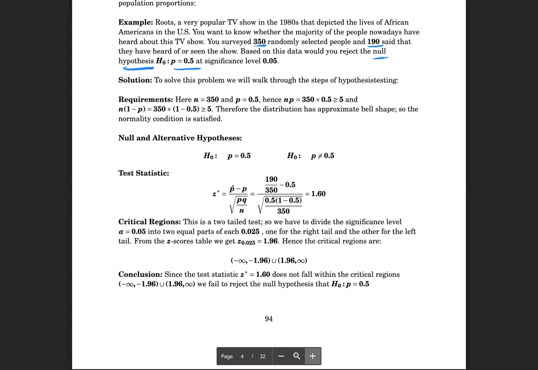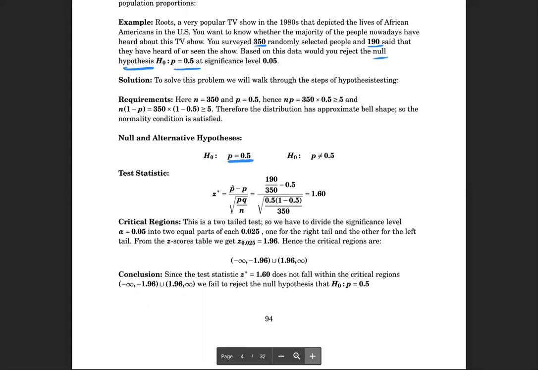But if you ask somebody, do you think the majority of people know about the TV show Roots or the book Roots? That's the question an ordinary person would understand. However, you need to take that statement and translate it into a mathematical equation so that you can do mathematical analysis on it. That's exactly what we do in the null hypothesis: p is equal to 0.5.